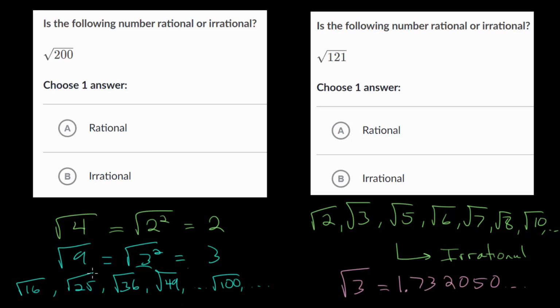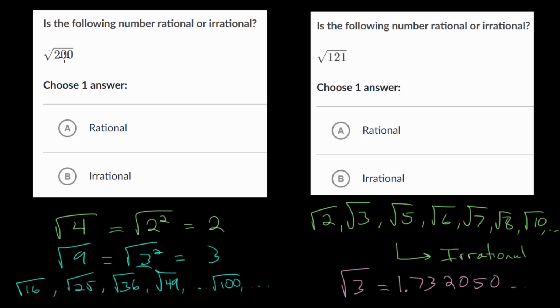So there are an infinite number of examples of these perfect squares, but they sort of thin out the bigger the numbers get. So in some sense, the irrational numbers in the square roots are denser. They're going to show up more often. So we need to be careful when we have square roots. And the main question is, can you write this as a perfect square?